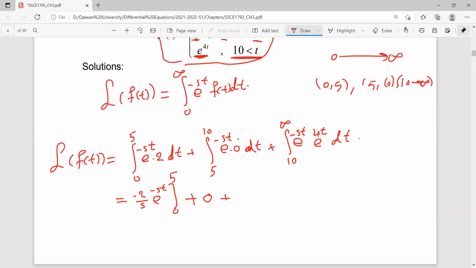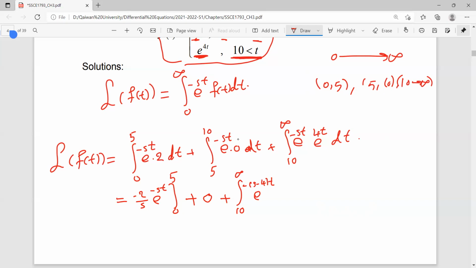Then plus the integration of e to the power minus st, e to the power 4t, dt. It equals, let me write down first, the integration from 10 to infinity of e to the power minus s minus 4t.